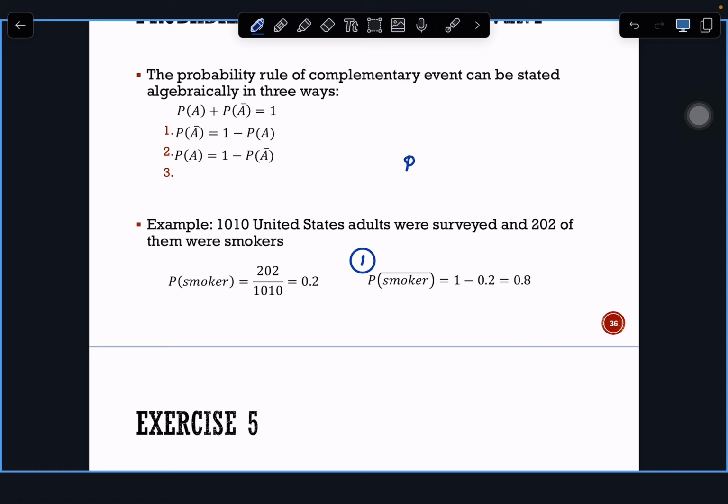We can take P(smoker bar), so we have to take 1010 minus 202 divided by 1010. What is the answer? I hope 0.8. Please say 0.8. So there are two ways. It depends on you which way you see first. Okay? Alright?